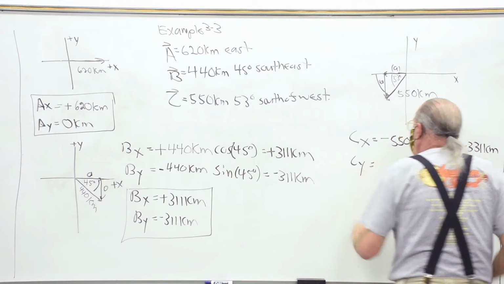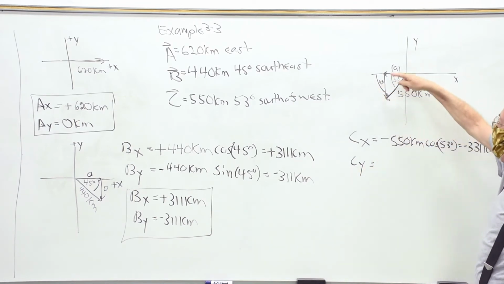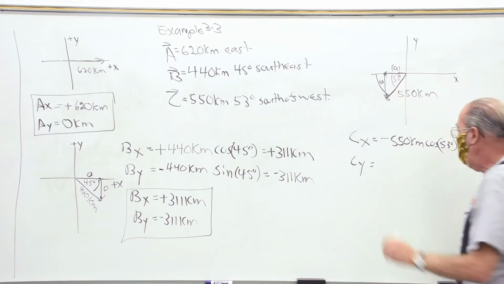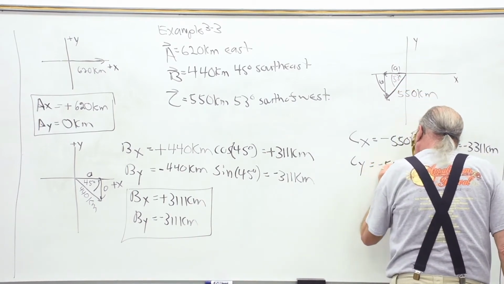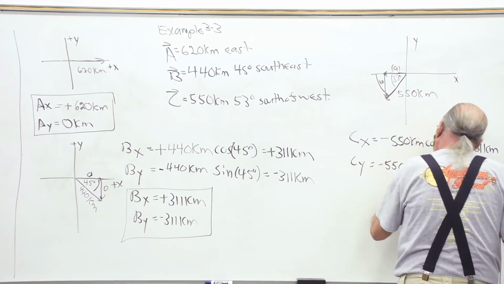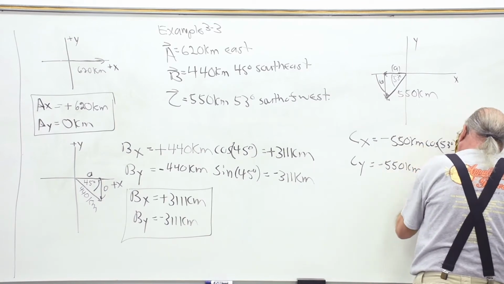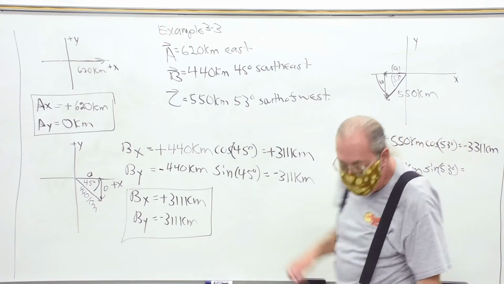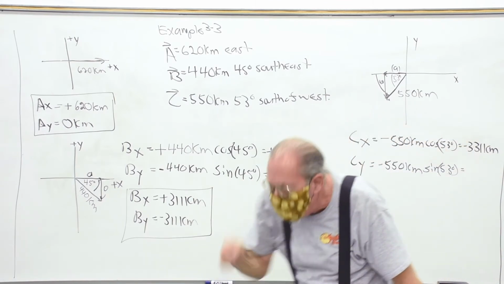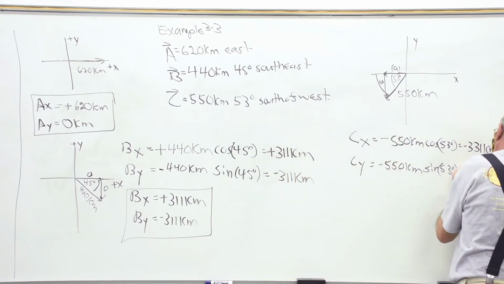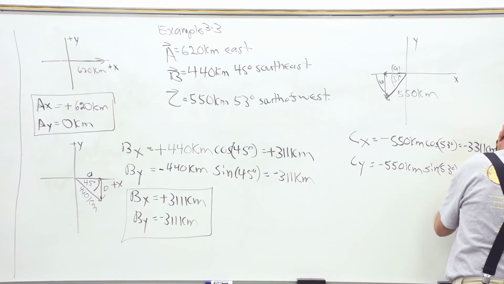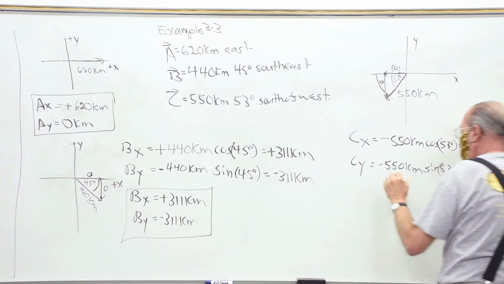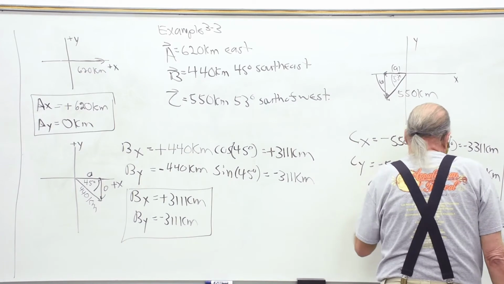And CY, positive or negative? Negative by inspection. 550 kilometers. It's got to be the sine of 53 degrees. And that gives us negative 439 kilometers. So let's summarize that.